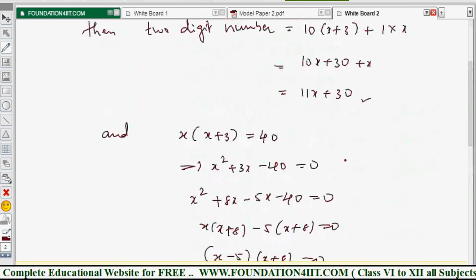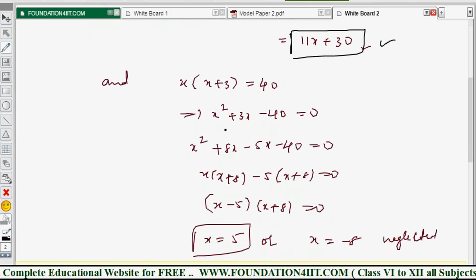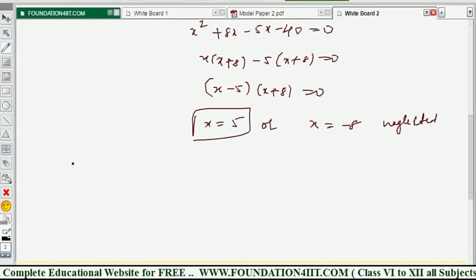Then the 2-digit number is 11x plus 30, according to our problem. Just substitute the x value here.